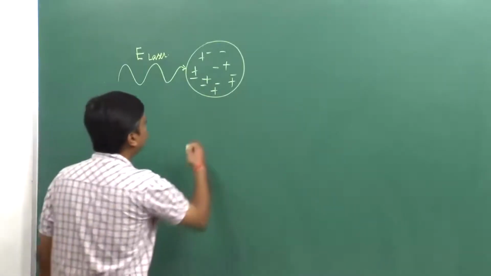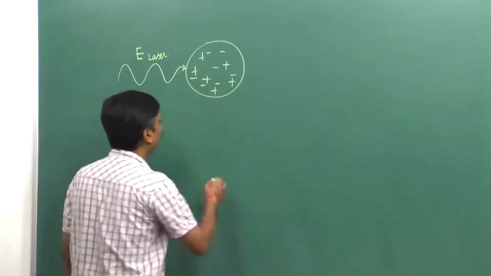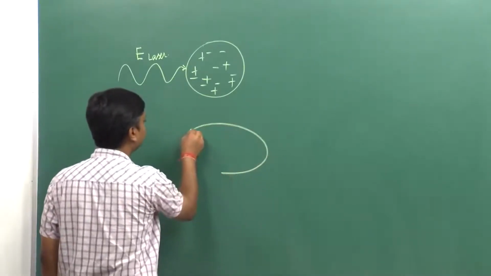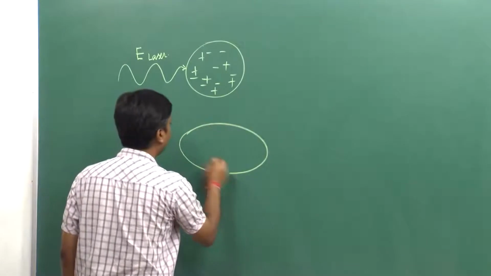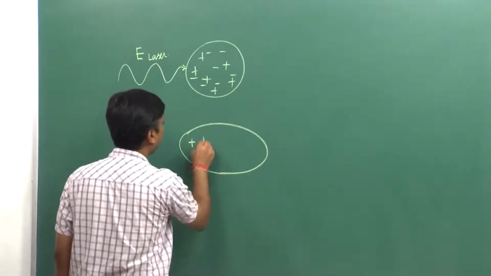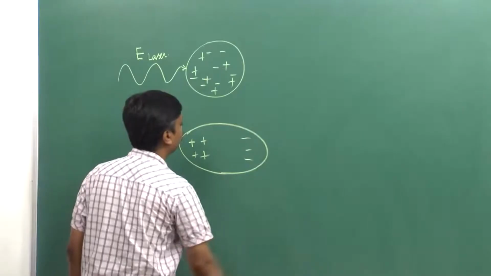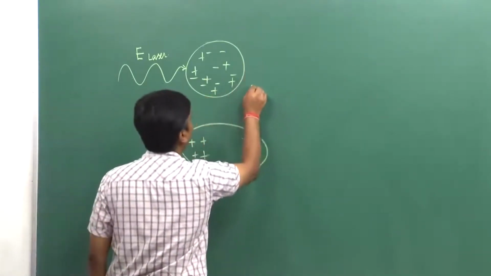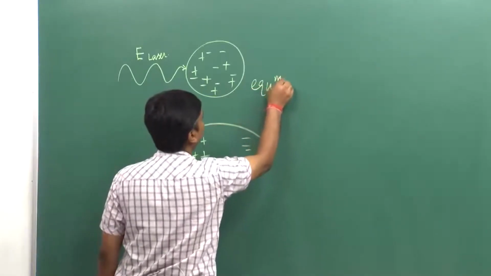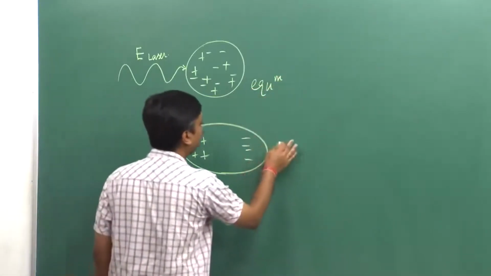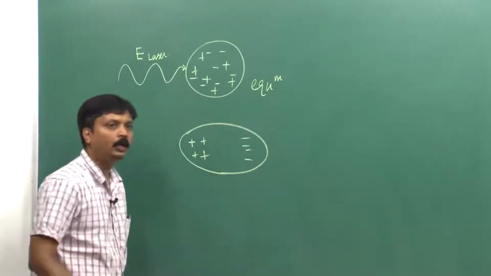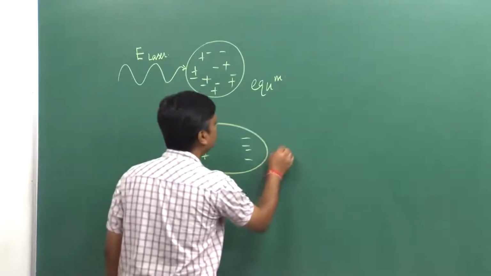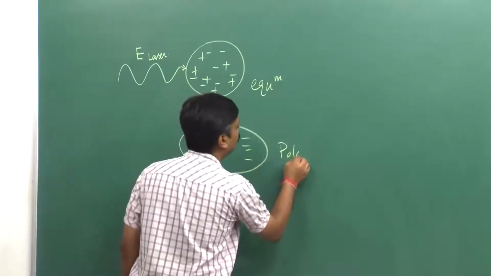I can show it by a cartoon where I distort this charge distribution like this. This is the random equilibrium situation, and this is a non-equilibrium distorted condition of the charge distribution, and this is polarized.